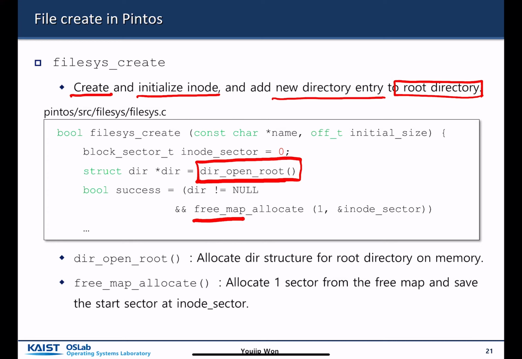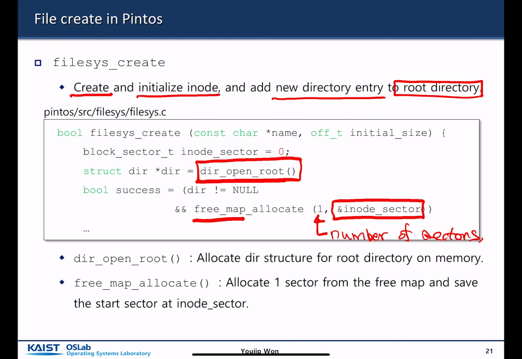And this is the number of sectors you want to allocate. And then in the course of allocating a new block, you insert the start address of those sectors in the specified inode address.